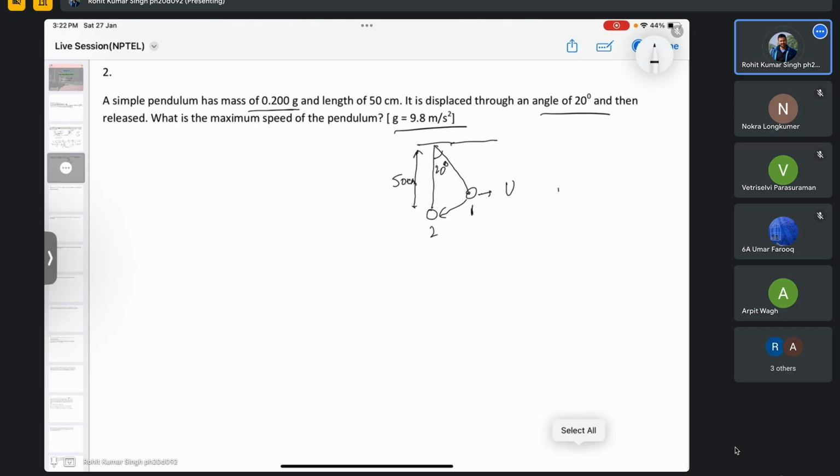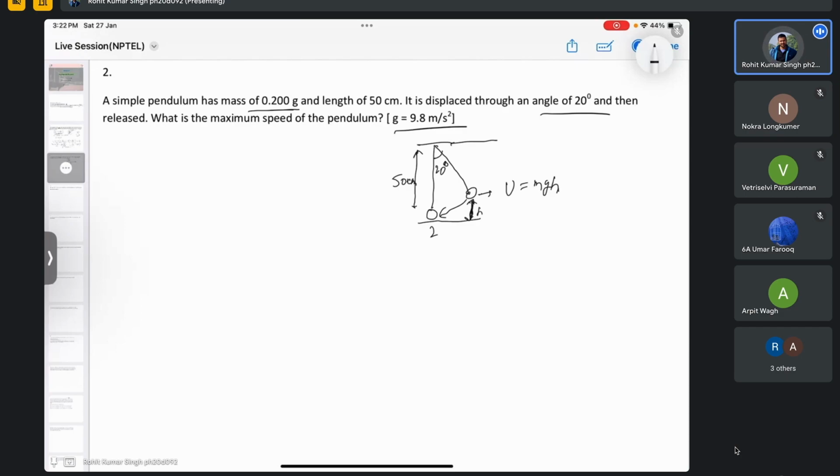Okay, so what potential energy did we give? We gave it mgh. This is the formula for potential energy. Whatever the mass of the pendulum is, whatever the g is, it is fixed, but the height that we gave it, when we raised it by 20 degrees, this height changed.